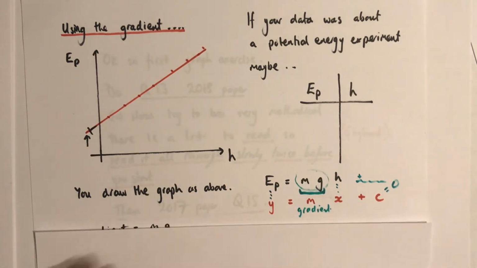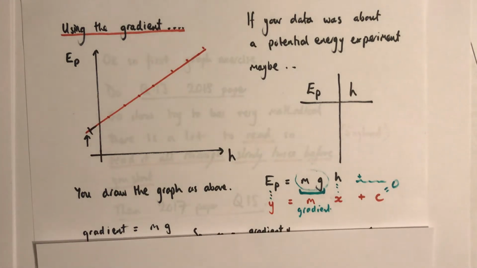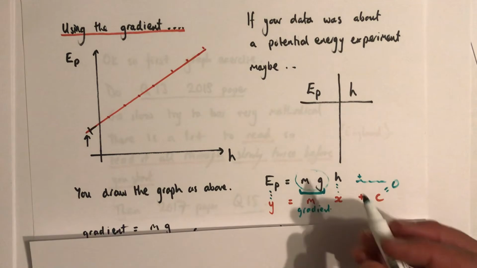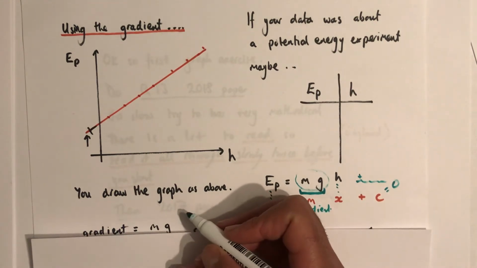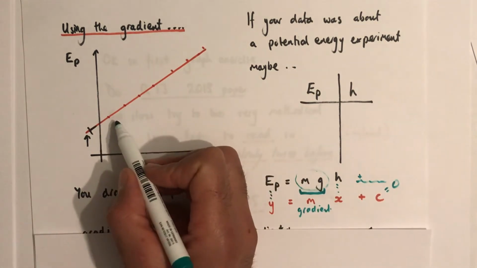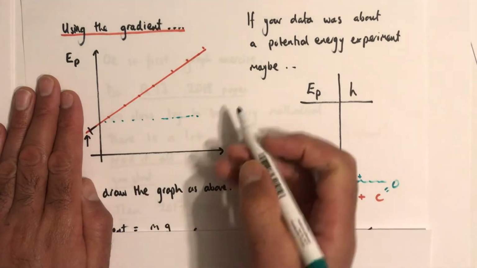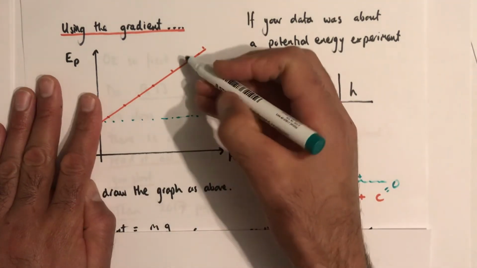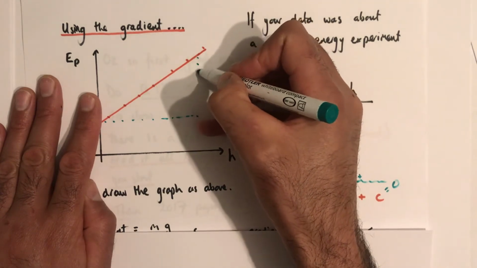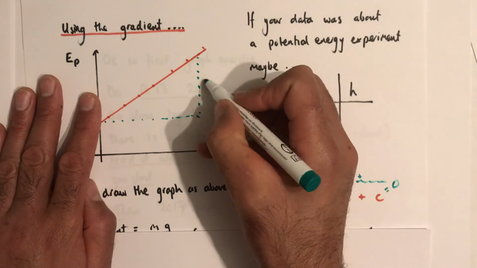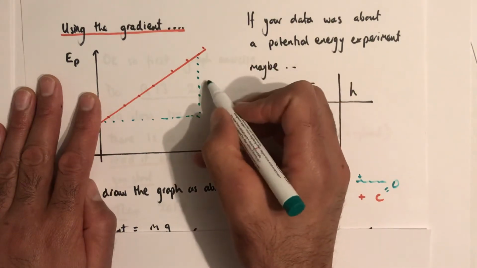If I was asked, my gradient is mg in this experiment. This is an absolutely vital step: I can then measure the gradient here, going across. It's very important that you use more than half of the line. So make the biggest triangle that you can practically make on the graph, and remember that it's the up divided by the across.